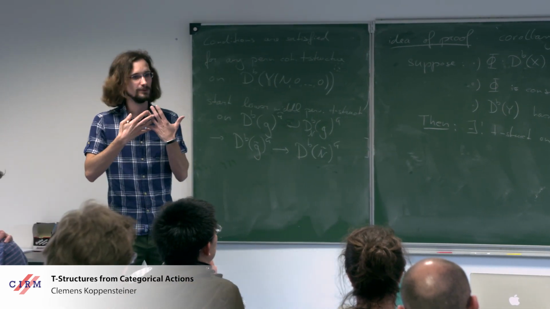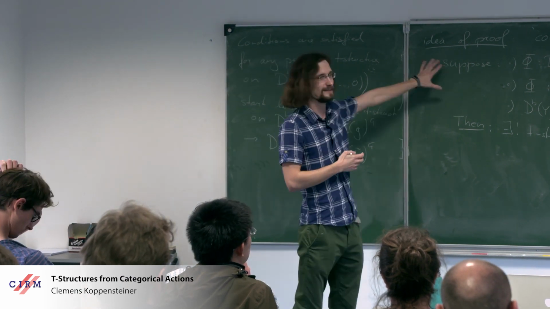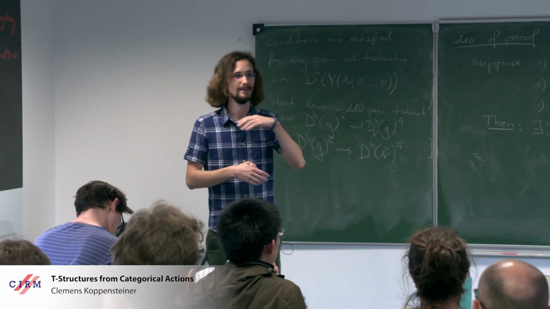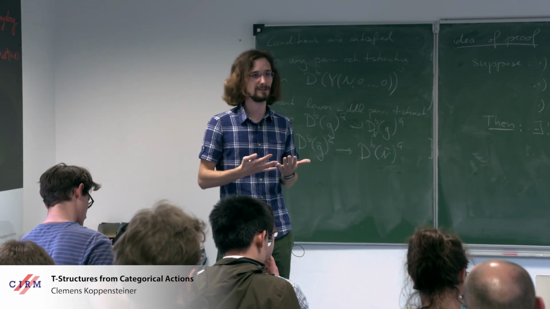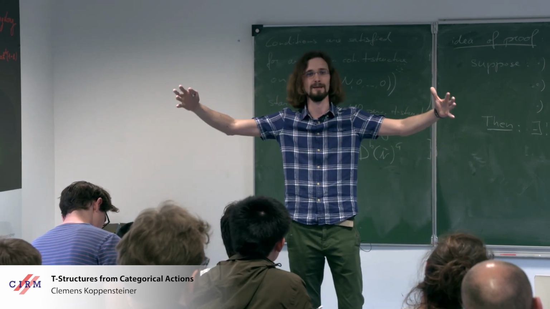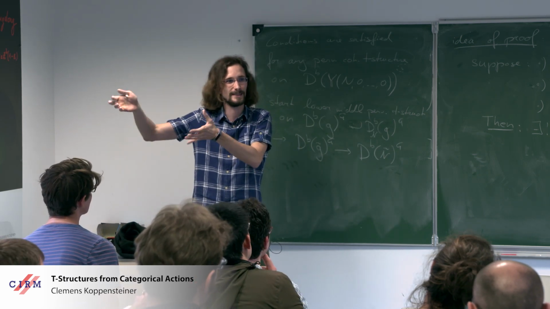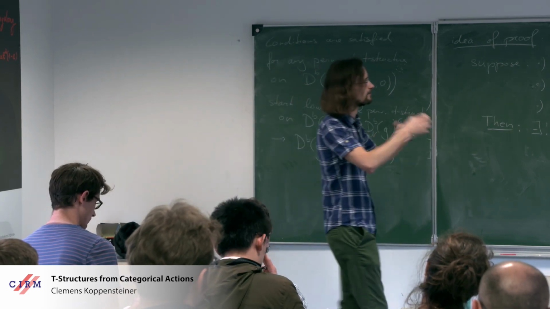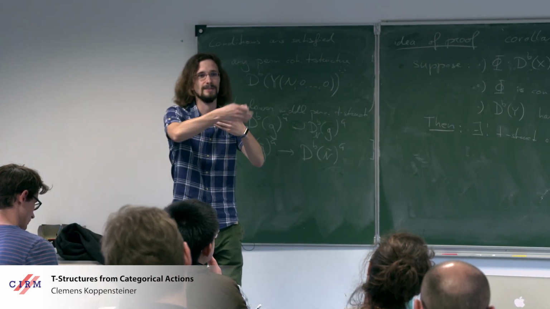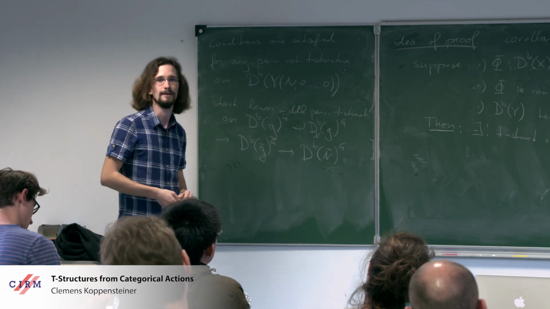What I want you to take away from this talk is maybe not that exact result, which might be interesting to some of you, might not be to others. But when you want to construct T structures, one way to do it is to put everything into some bigger diagram where you have more spaces to work with, hopefully something easier somewhere on the edges, and then try to do some argument with a theorem like this and combinatorics to inductively go on into more complicated spaces. Okay, thank you.